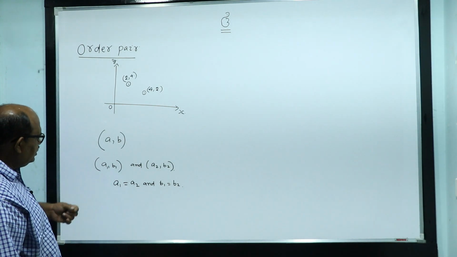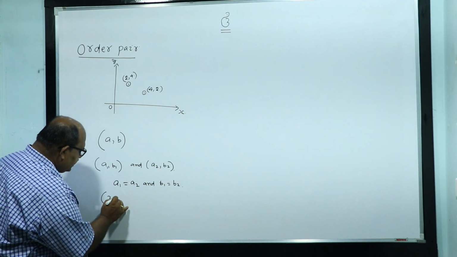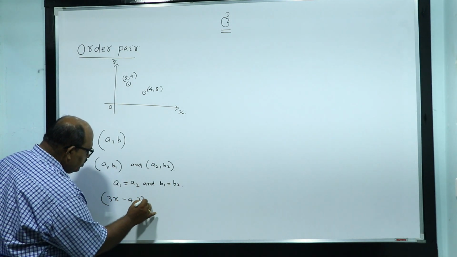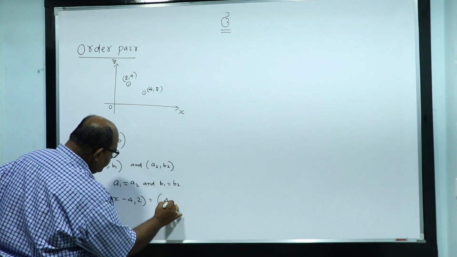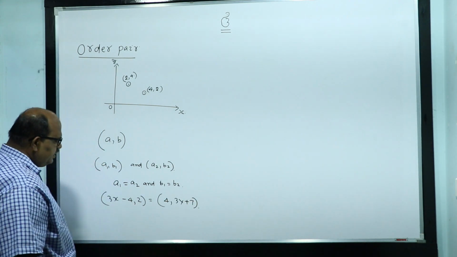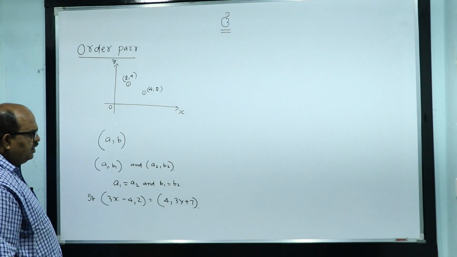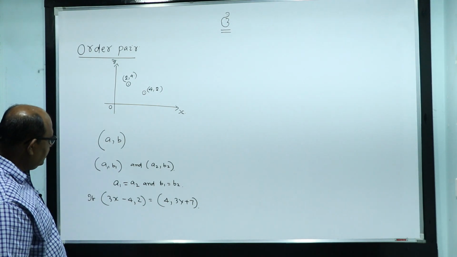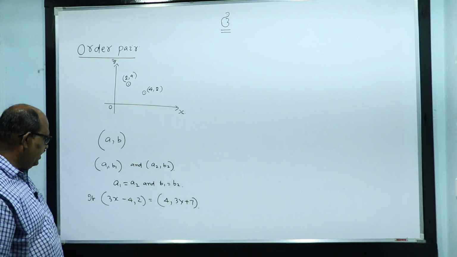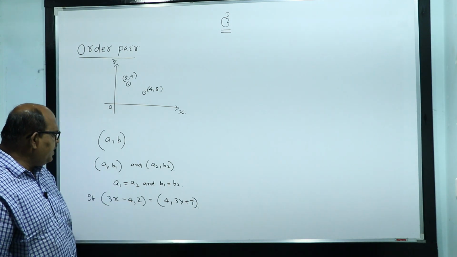Based on this, small questions are there. For example, (3x minus 4, 2) is equal to (4, 3y plus 7). This is given. If (3x minus 4, 2) is equal to (4, 3y plus 7), then find x and y. Clearly, this is an ordered pair and this is an ordered pair.